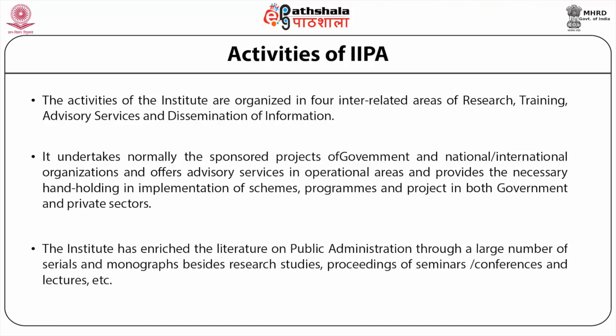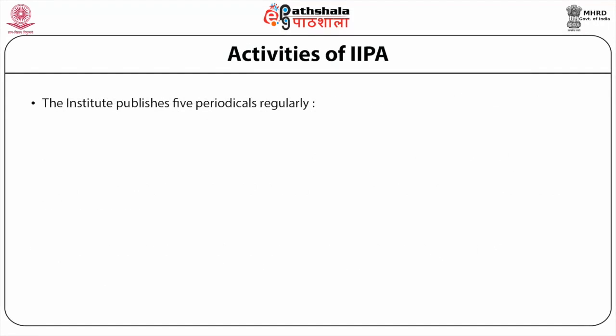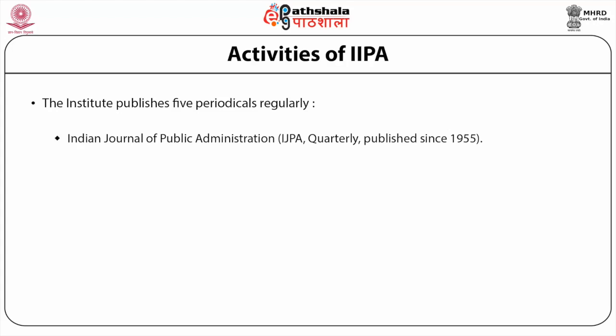The institute has enriched the literature on public administration through a large number of series and monographs, besides research studies, proceedings of seminars, conferences, and lectures, etc. The institute publishes 5 periodicals regularly. These are Indian Journal of Public Administration, that is IJPA, quarterly, published since 1955.